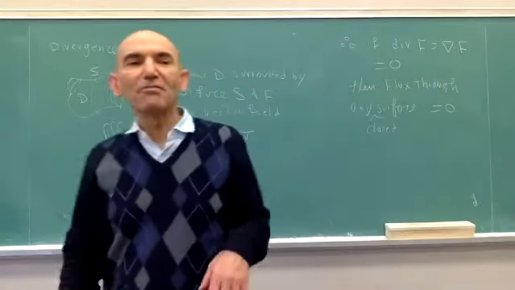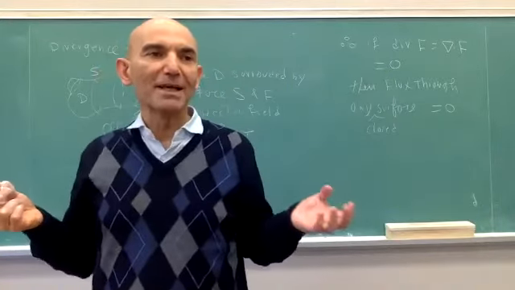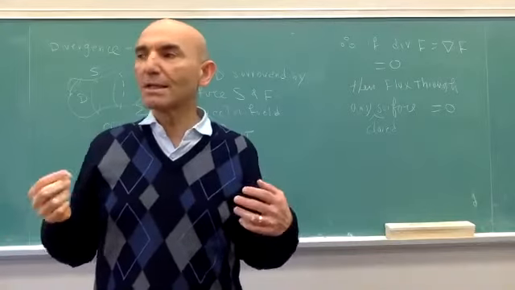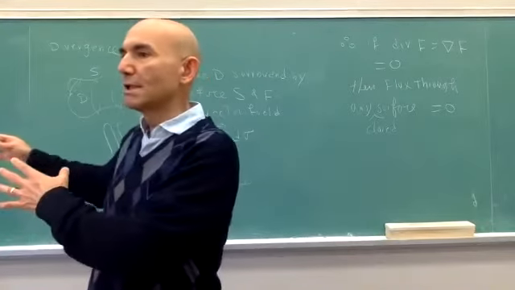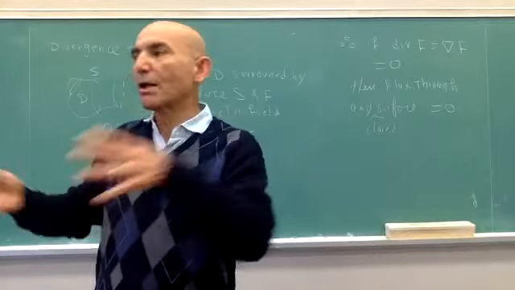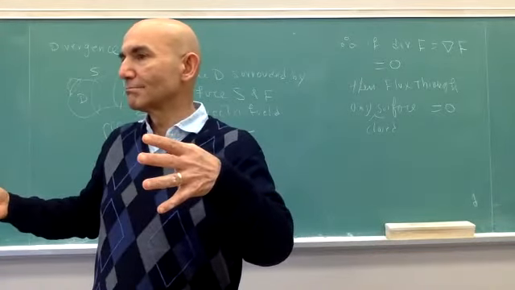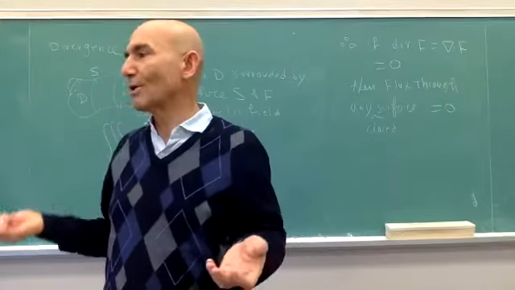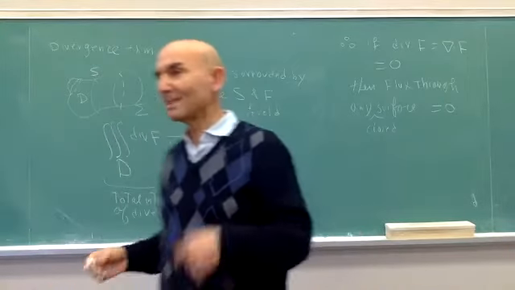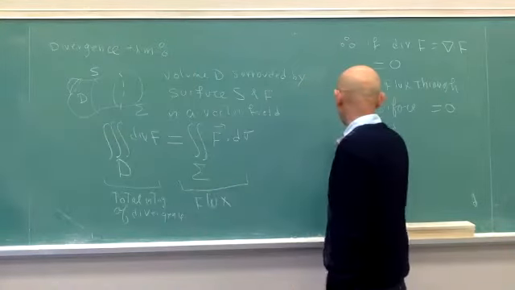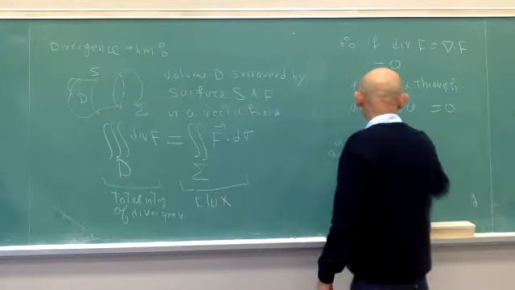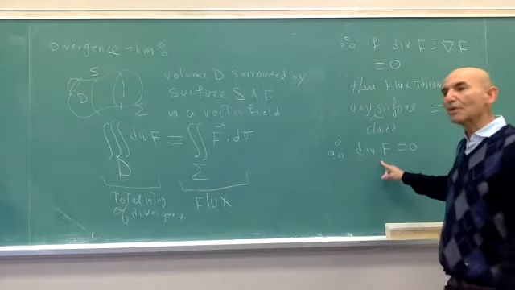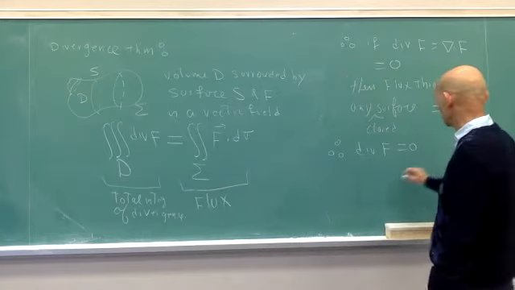This sort of flow or fluid has the property that everything that comes in has to go out. It cannot compress, it cannot expand. So this sort of flow is called incompressible. That makes sense. So divergence of F equal to 0: these vector fields are called incompressible vector fields.